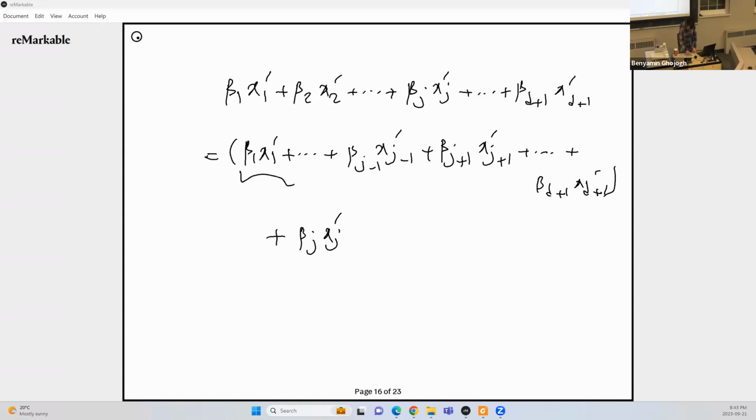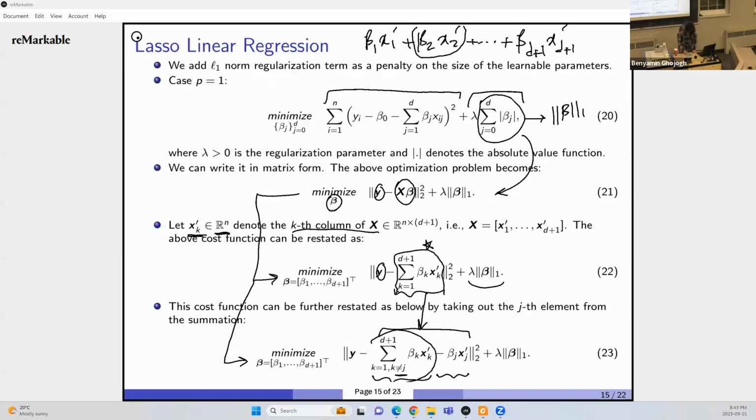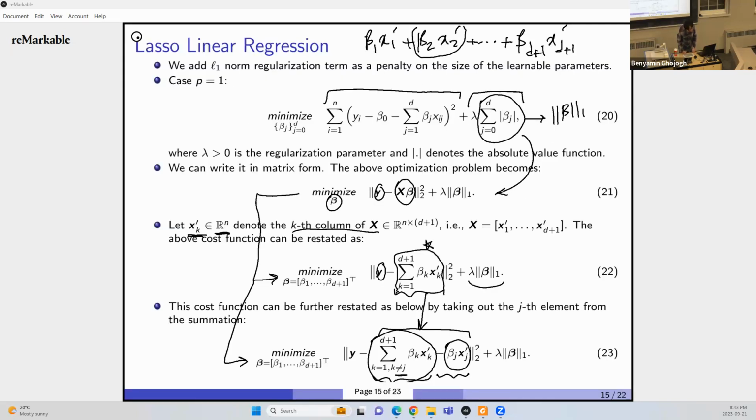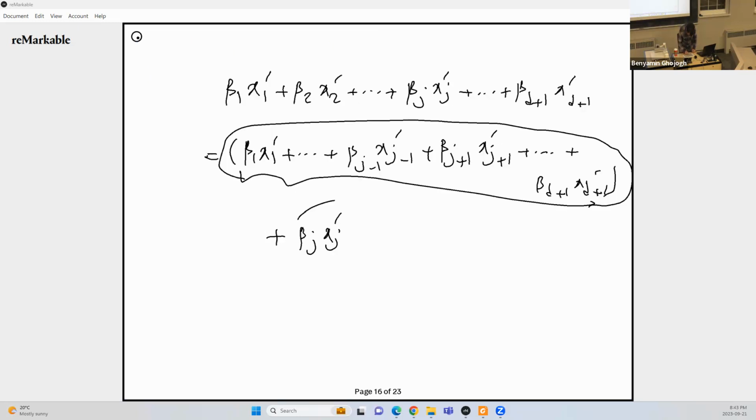This summation is exactly the summation that I have here, and this term is exactly this.